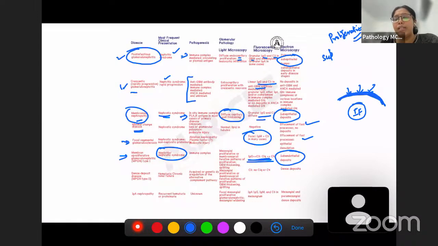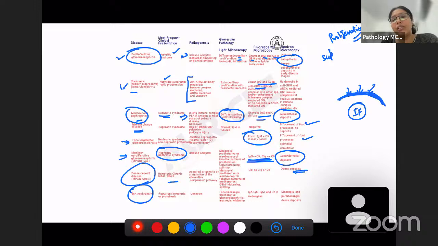And then next we have mesangial. Dense deposit disease is also there, which is a nephrotic range disease, and you can see dense deposits in electron microscopy. IgA nephropathy, again, we discussed that this is a hematuria based, nephritic range disease, and we can see mesangial and paramesangial dense deposits.